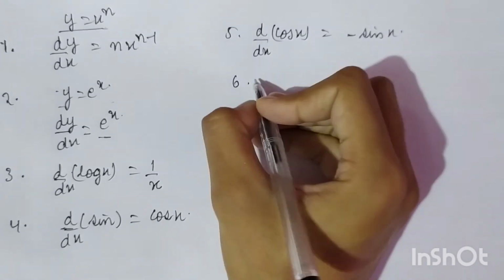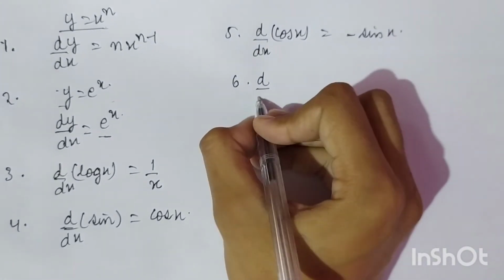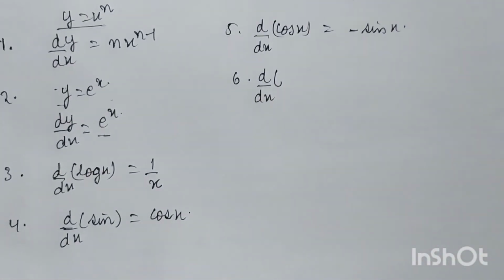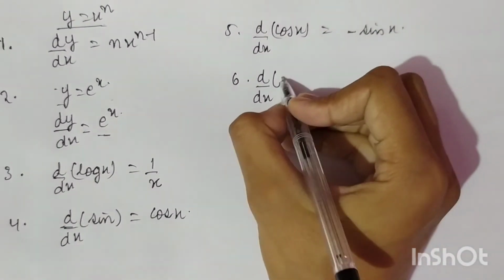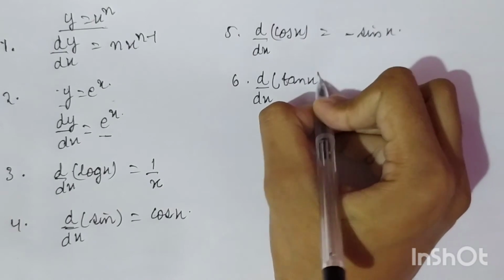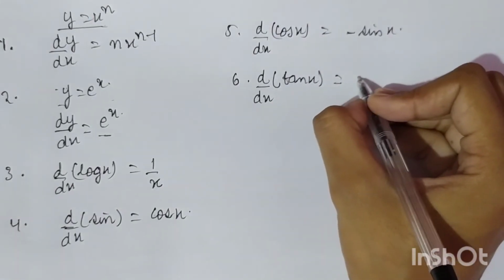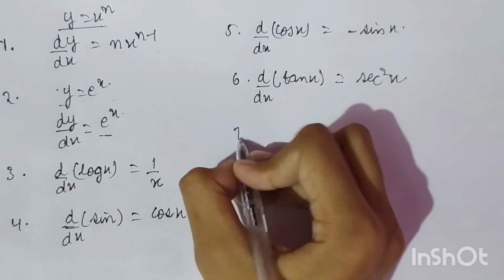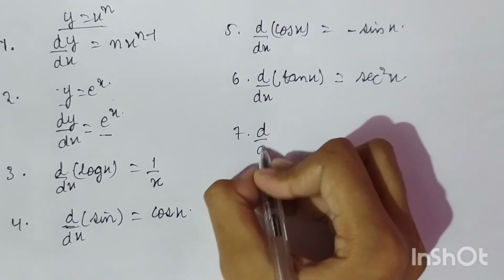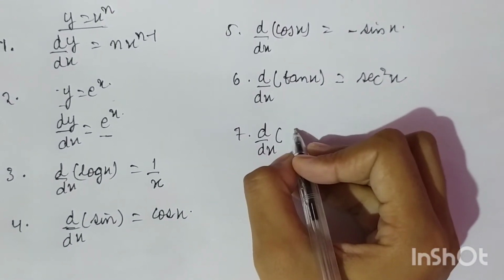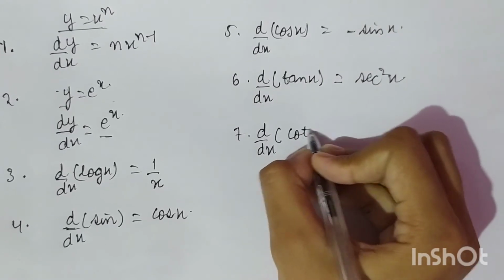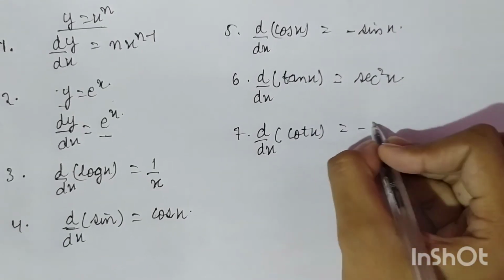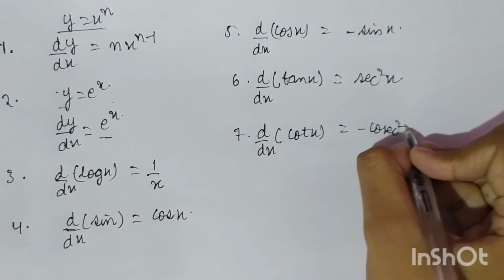The next formula is the differentiation of tan x. It will be sec square x. Next, if we want to find the differentiation of cot x, it will be minus cosec square x.